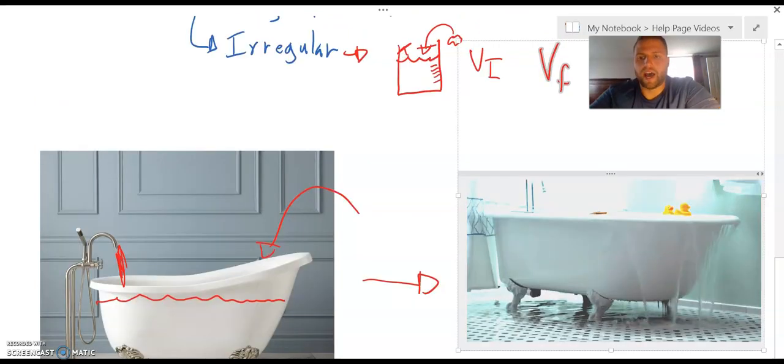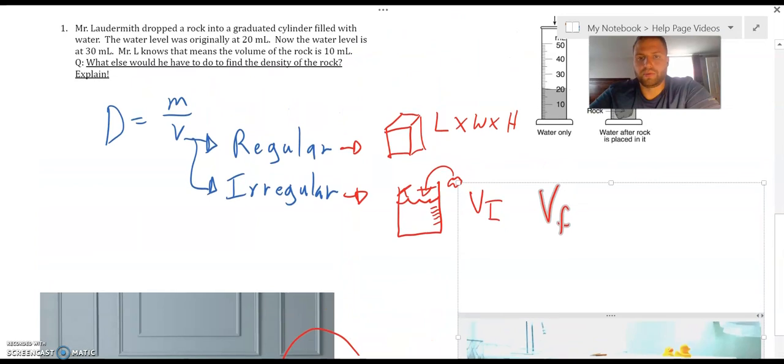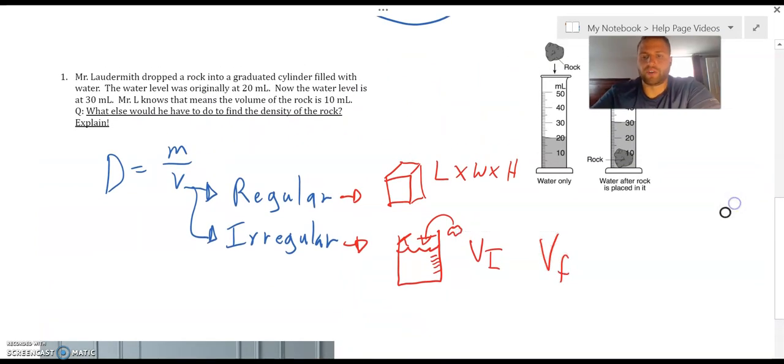When you put an object into some sort of measured container, the water level again will jump up, okay? So to find the volume, there's another equation we need. Volume is equal to volume final minus volume initial. So let's look at the example again.